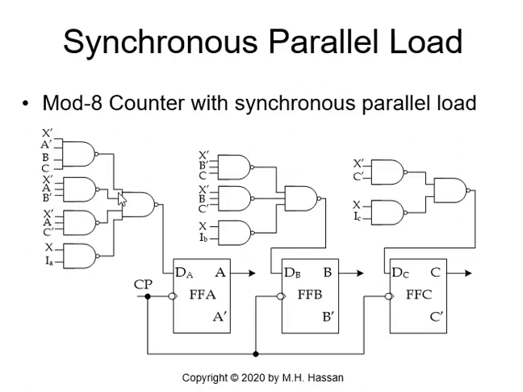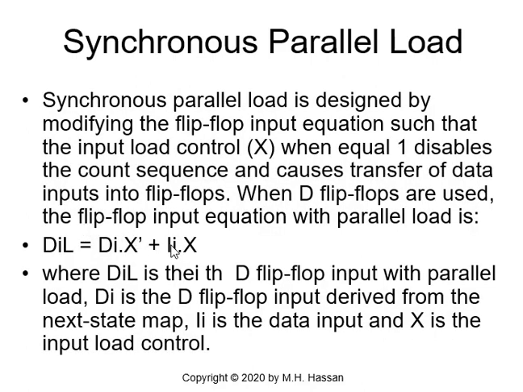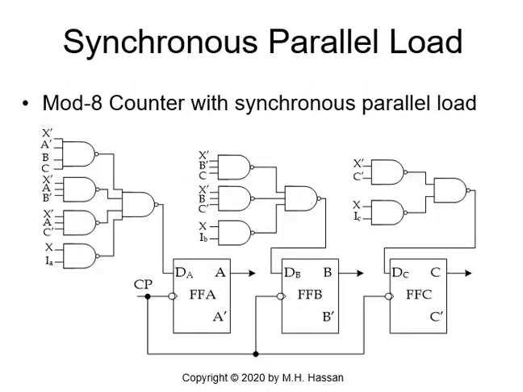We used De Morgan's theorem, two complements, to convert the AND-OR to all NAND. So the AND-OR is converted to all NAND. And this last term is XIA, IIX, not XIA.